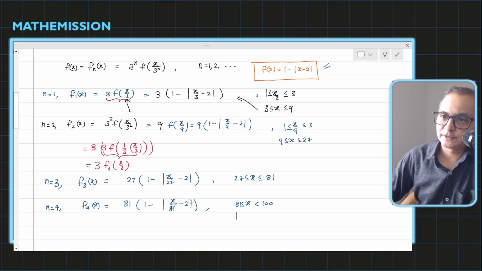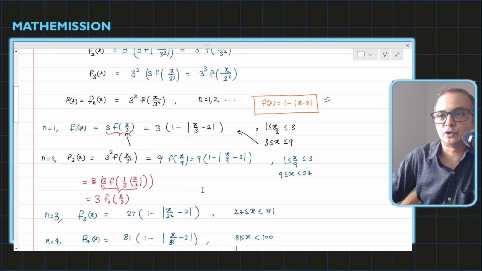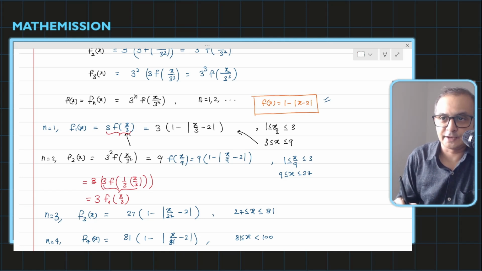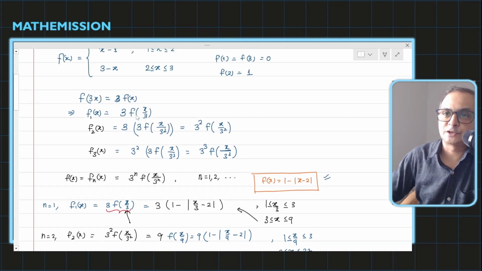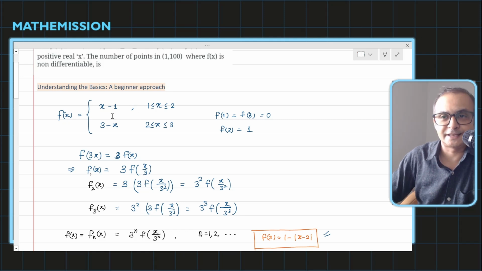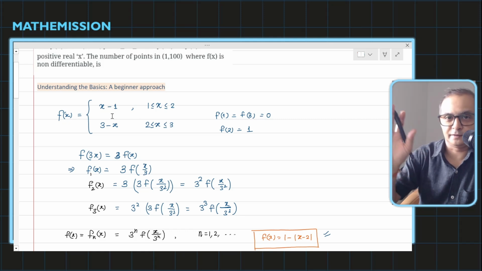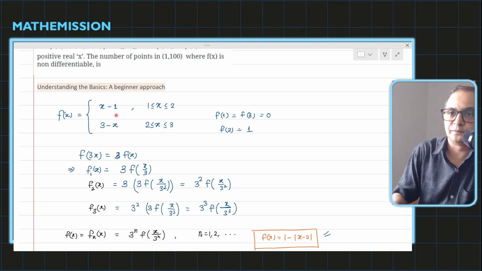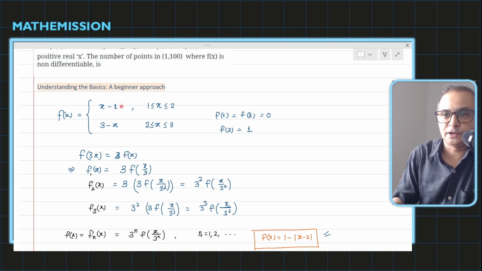Now the problem with this approach is we have to again redefine each of these f1x, f2x, f3x and f4x in this way. That is a piecewise defined function, and we can see then at how many points this function is not differentiable. You can see clearly that this function is non-differentiable at only one point, at 2, because at 2 from the left hand side the derivative is 1, and at 2 from the right hand side the derivative is -1.